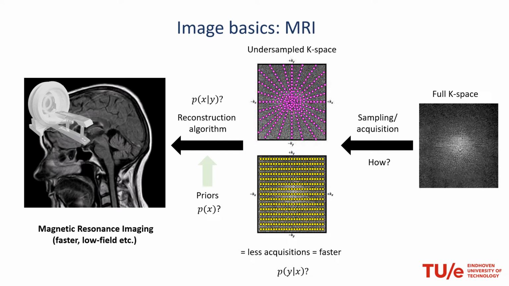What's the probability of measuring a K-space acquisition given my underlying high resolution MR image X? And then we have a reconstruction algorithm which tries to make use of this, and it tries to basically estimate and maximize the probability of the image given the acquired data Y. And to do that, it usually makes use of priors P of x. And another question that you can ask is how do you design these priors? And we'll see later that that is also a place where AI can play a role.